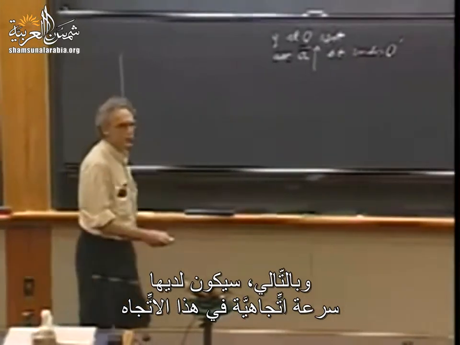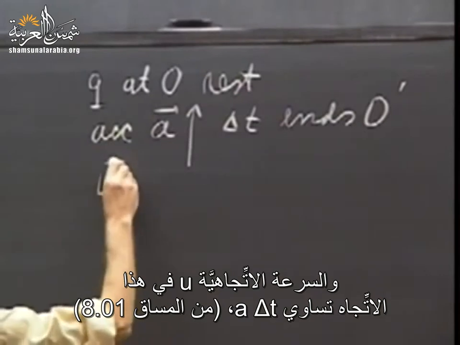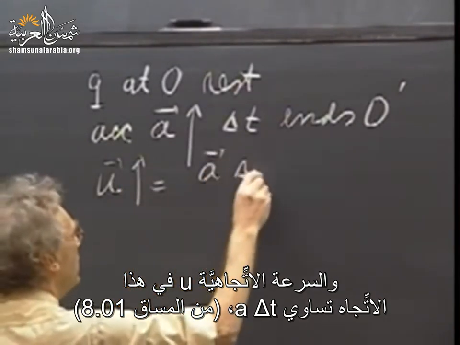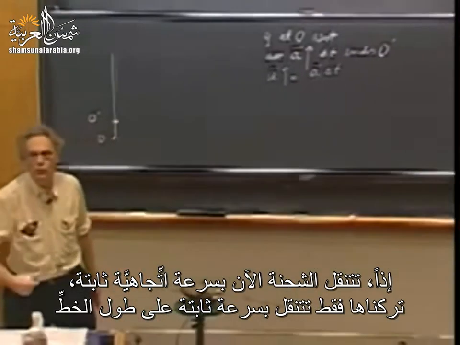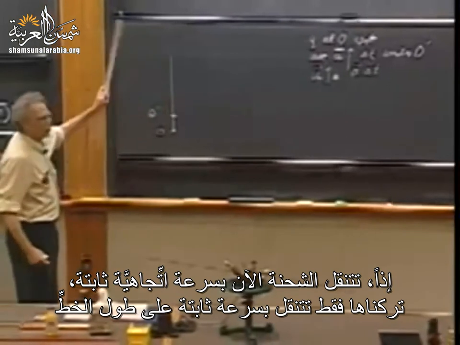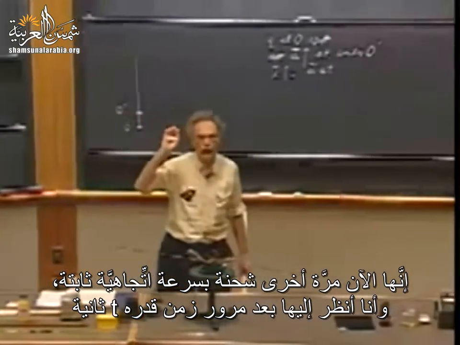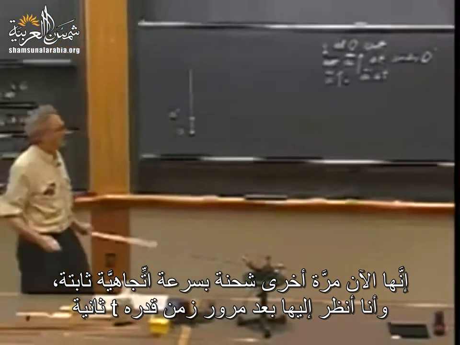So now it has a velocity in this direction, and that velocity u in this direction is now a times delta t. And so it's cruising now with constant velocity, and we just let it cruise all the way. It's now again a charge with constant velocity. And I look at it where it is t seconds later.